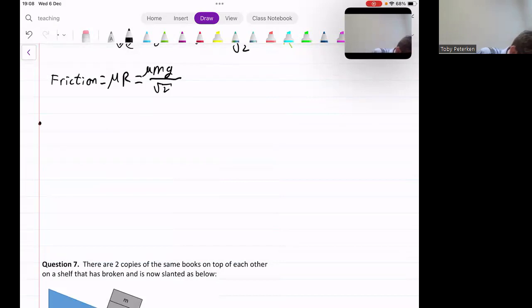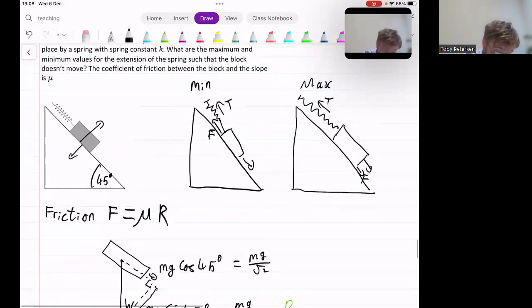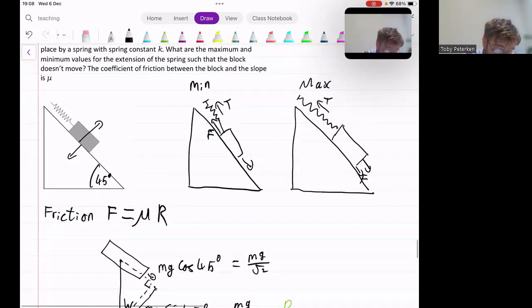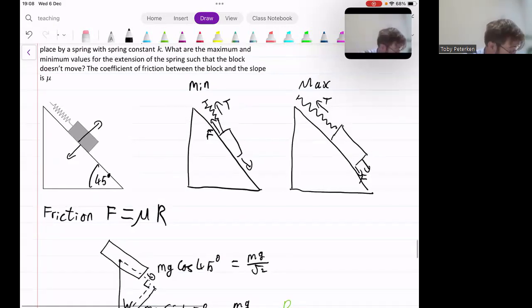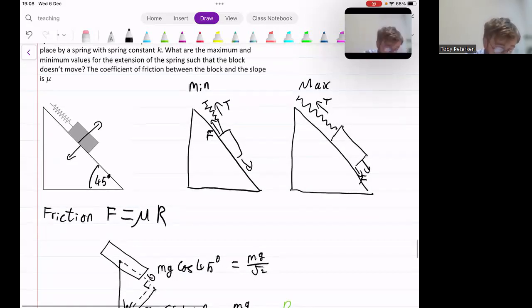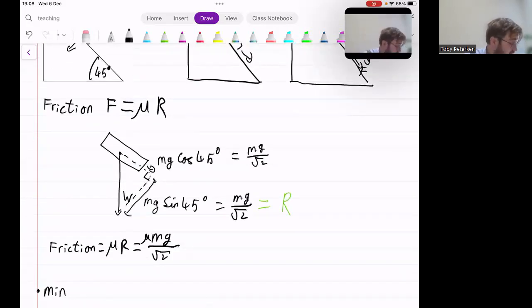So let's look at the minimum extension it can have. The minimum extension is when the tension and the friction act in the same direction.